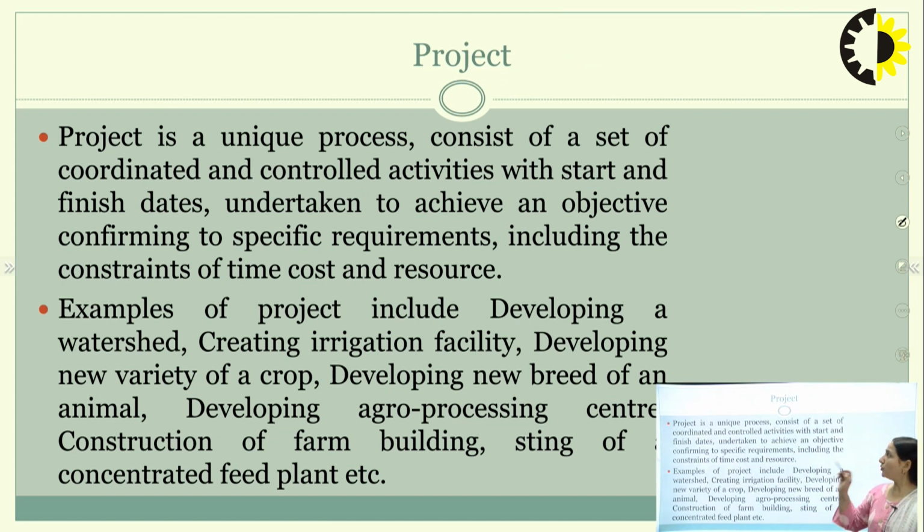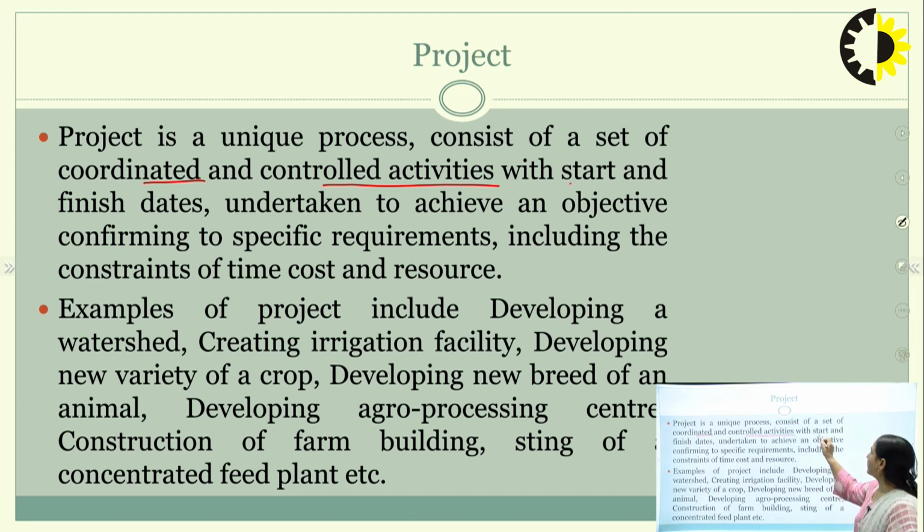Now, it is a unique process which consists of a set of coordinated and controlled, again very important term, coordinated and controlled activities, right? There will be different types of activities, a proper type of coordination, a proper type of control over the different activities, with start and finish dates, right? We cannot say that we are dealing with a particular project which does not have a starting date, which does not have a finish date.